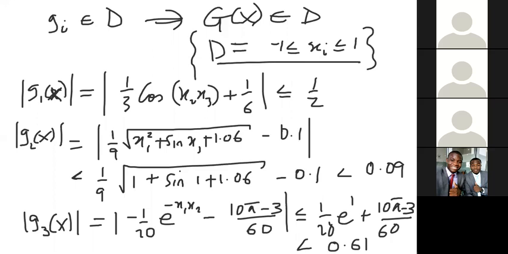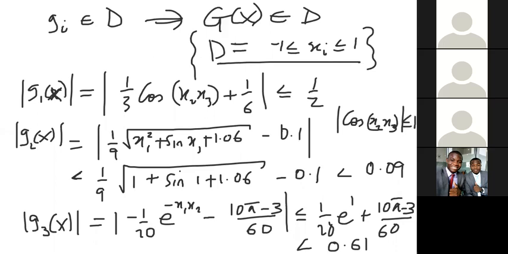So I'll pick those which will make this a maximum. Of course, I know that for whatever value I have there for x2, x3, this is less than or equal to 1.